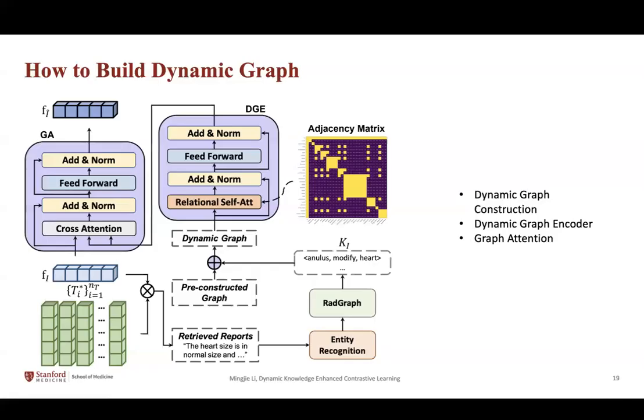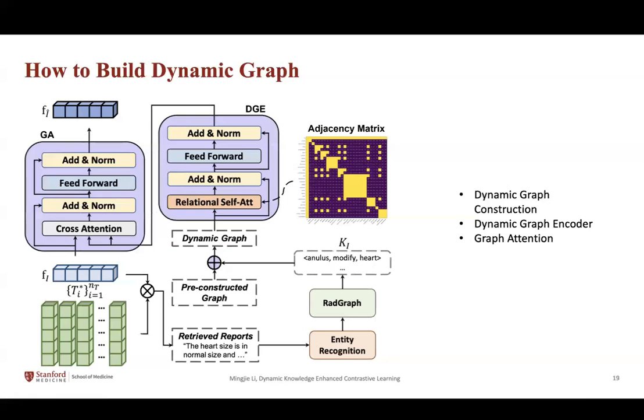We extend the pre-constructed graph to our fundamental structure with 22 entities, consisting of a global node represented by a class token, 7 organs or tissues, and 20 disease keywords. In addition to the link criteria in the pre-constructed graph, every organ will be connected to each other organ or tissue because we want to focus on the organ-level features.